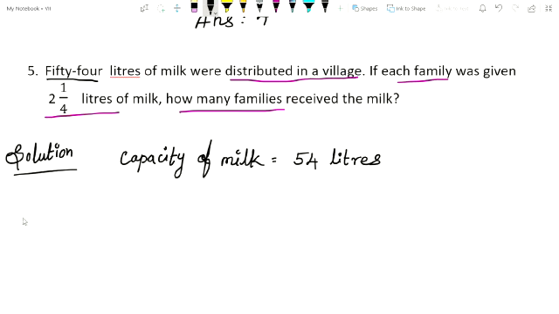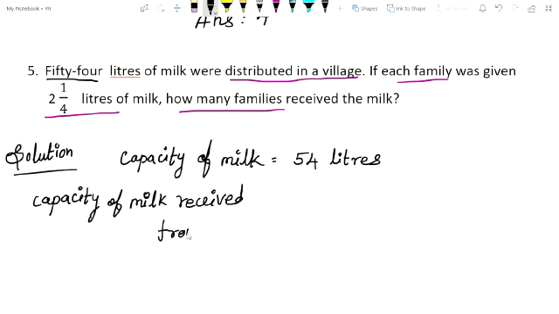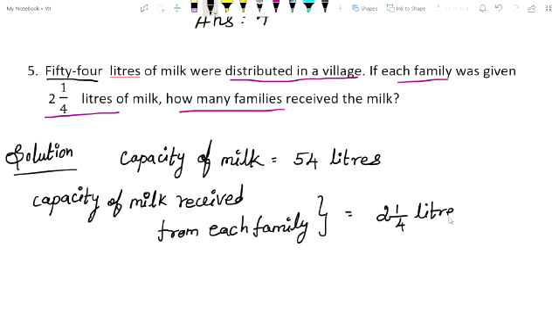Next, capacity of milk received from each family equal to 2 into 1 by 4 liters. Convert into improper fractions. 4 twos are 8, 8 plus 1, 9, 9 by 4 liters.